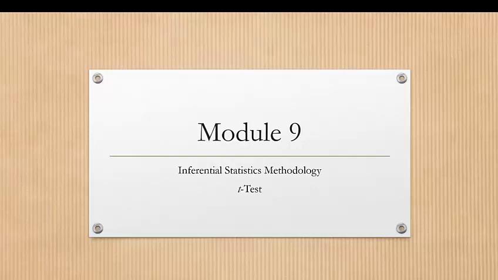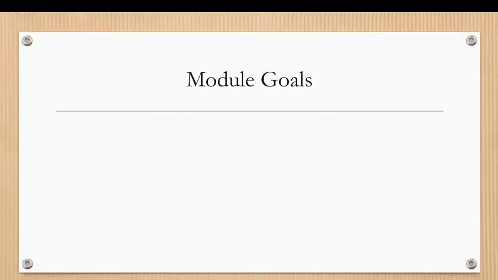So, anyway, congratulations on getting this far. This module is going to cover the three T-tests, and we'll work on this for a while. Okay, so with that, let's begin by looking at our module goals.